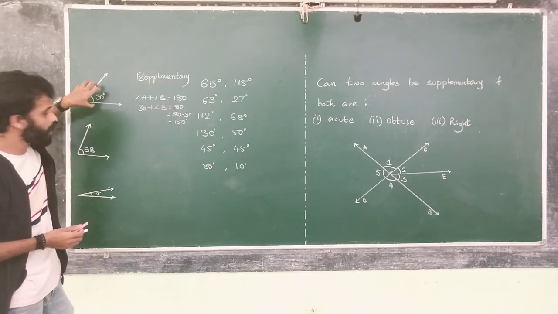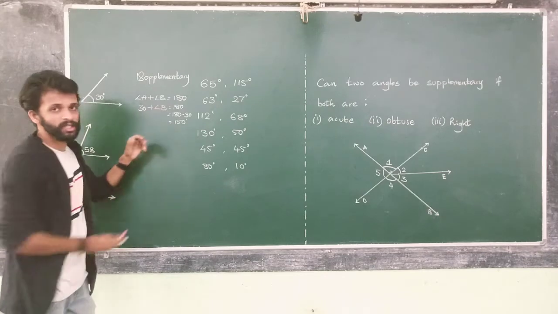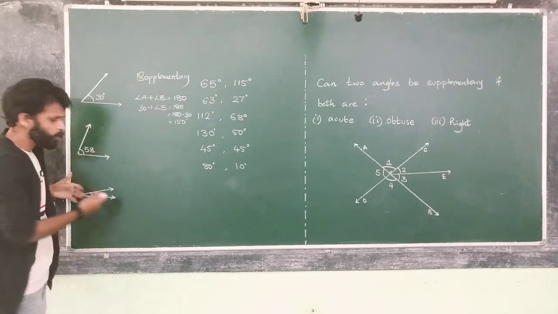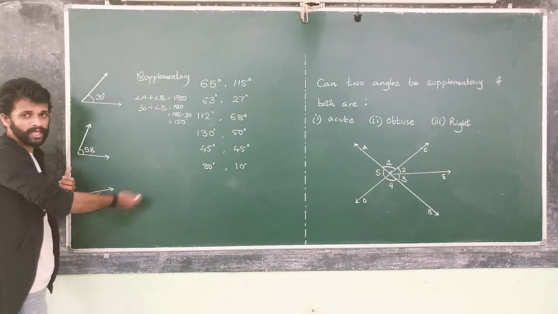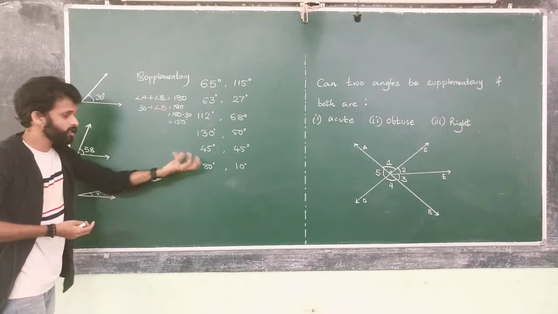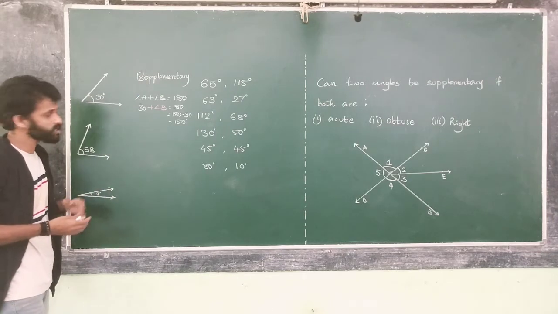So acute angle and obtuse angle together, 30 plus 150, will give me supplementary, which is 180. Similarly, you can try for 15. What is the supplement of this angle? That means 15 is one angle plus another angle which should give me 180. Similarly, we can try out for this as well.